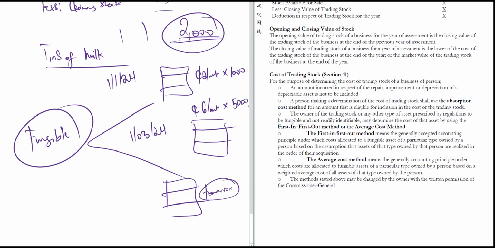5,000 units. Then, let's say on 1st May 2024, you bought an extra 3,000 units at 7 cedis per unit.